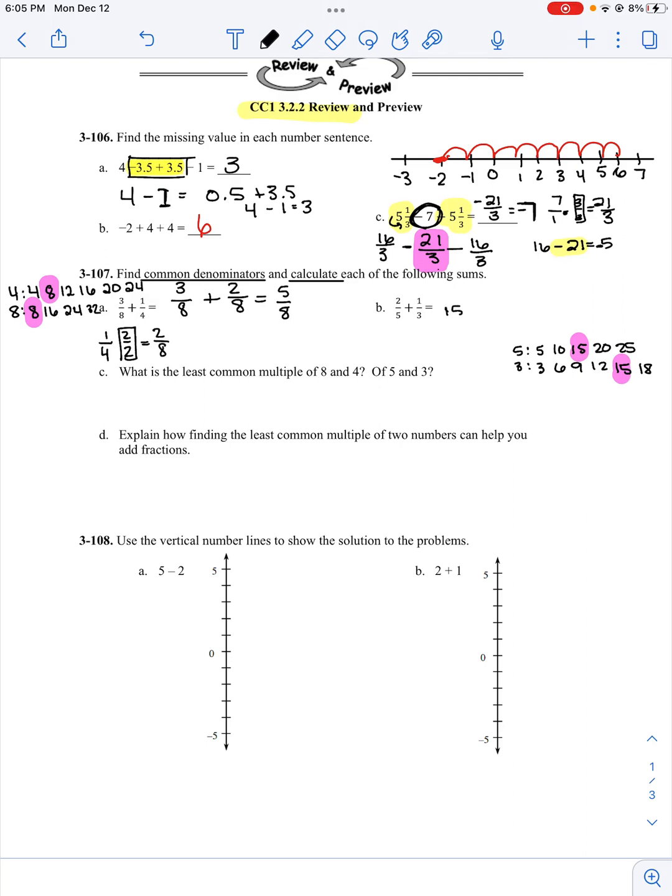So my new fractions are going to be out of 15. In this case, I have to change both of them. So I have 2/5. I know I'm multiplying it by something. And the denominator has to be 15. And same thing with 1/3.